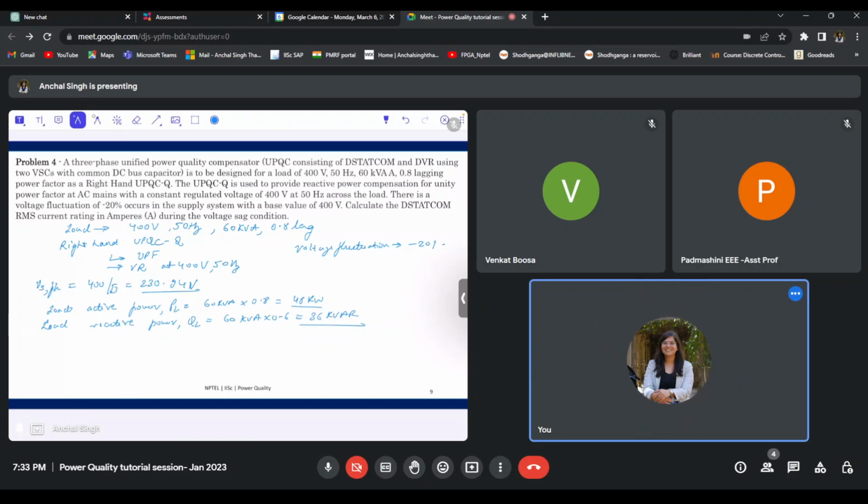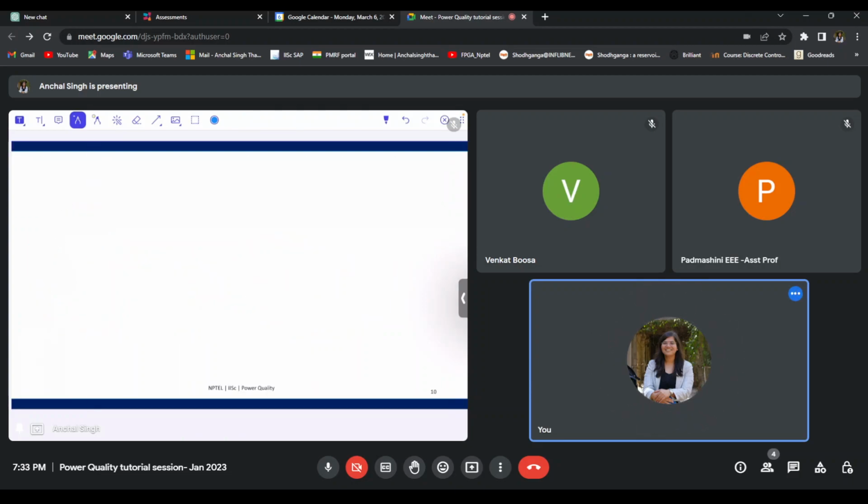Now, for the D-STATCOM, let us see what happens after sag compensation. After occurrence of sagging, Vs dash will be equal to 400 into 1 minus 0.2, since a 20% reduction is given. So it will be 320 volts line to line voltage.